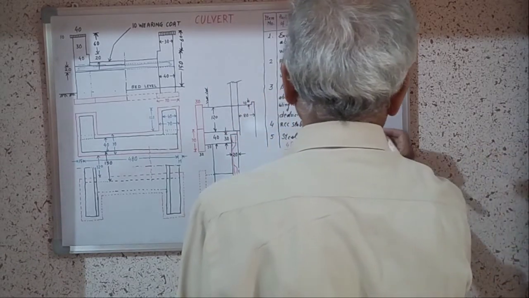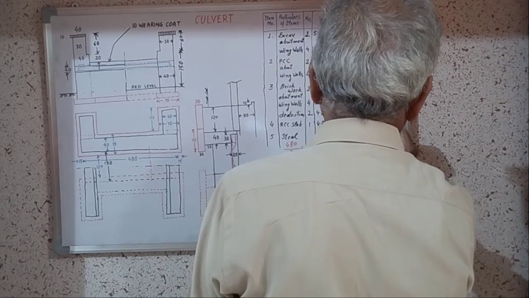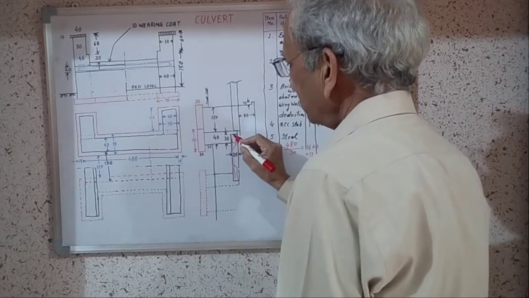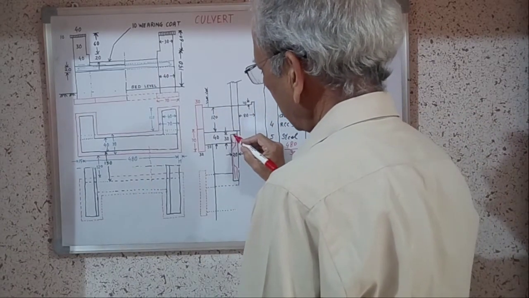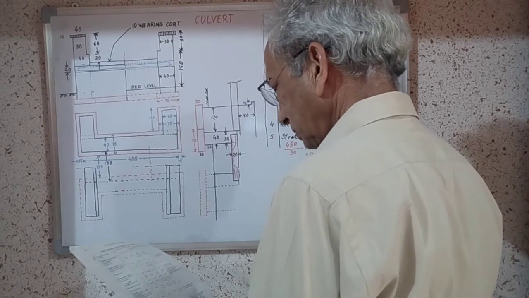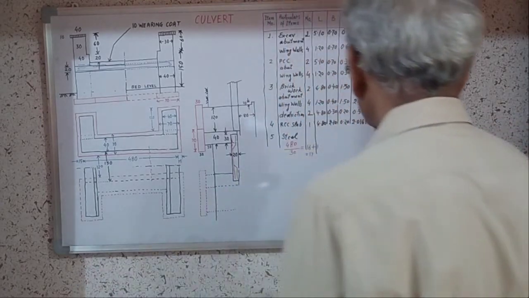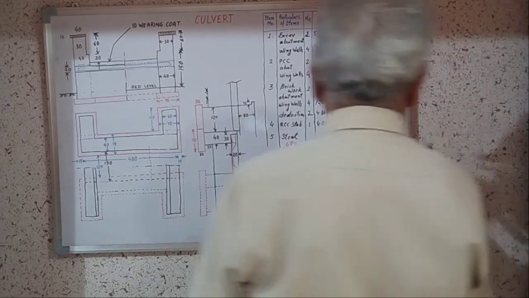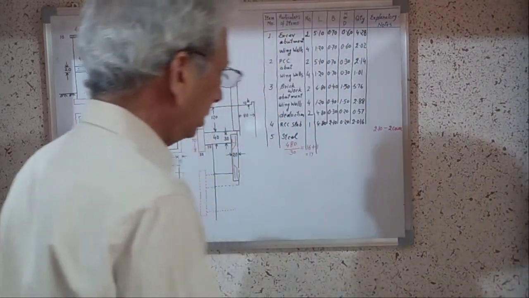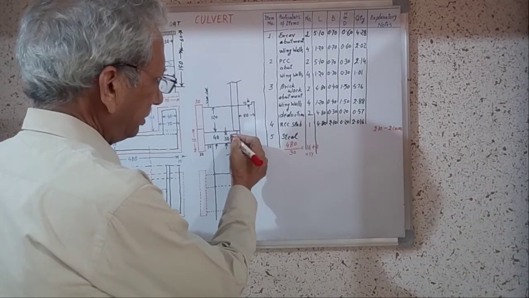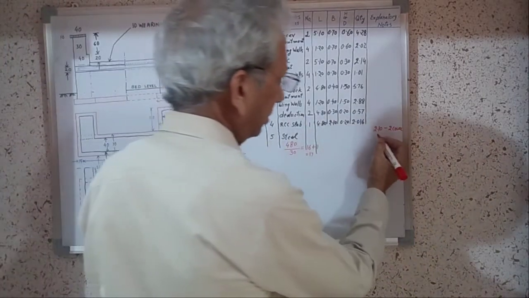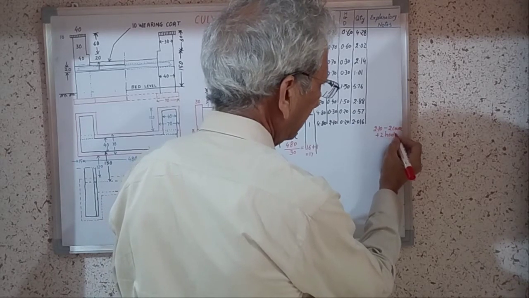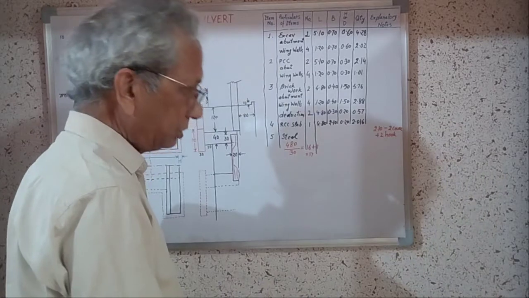It is 210, and we will subtract cover on both sides, minus 2 cover. Then the steel, there will be hook at each end, plus 2 hooks. This is the total.